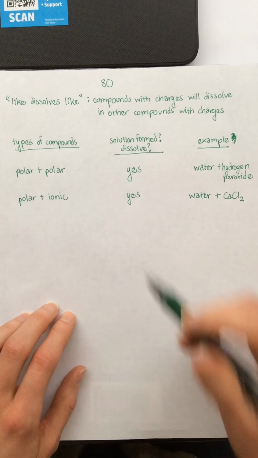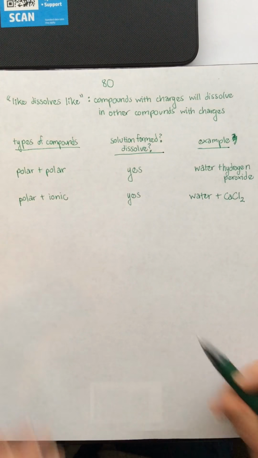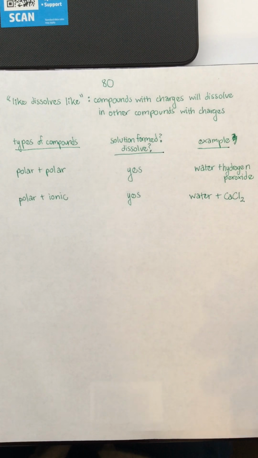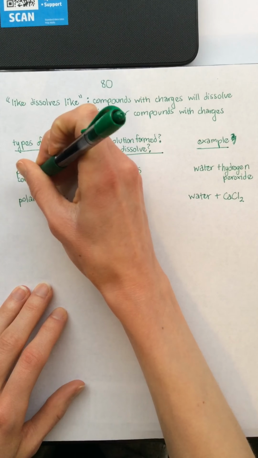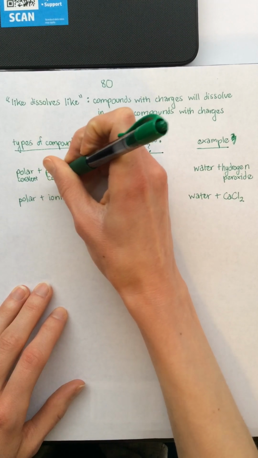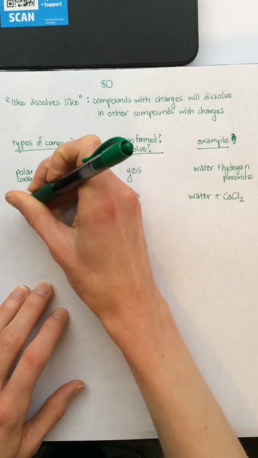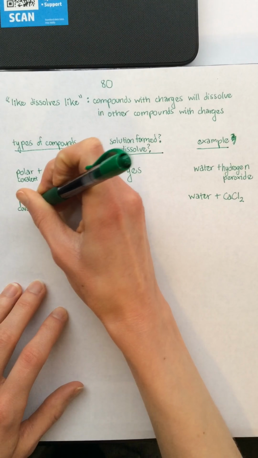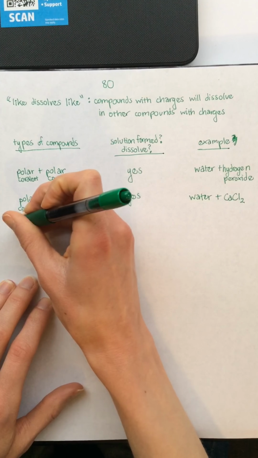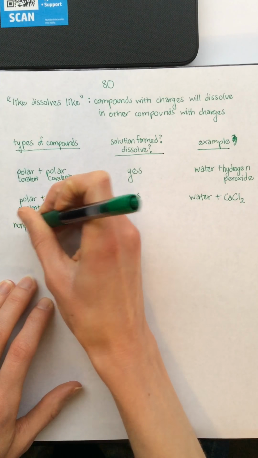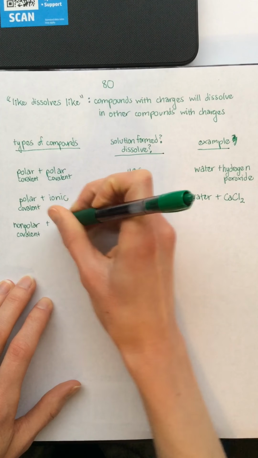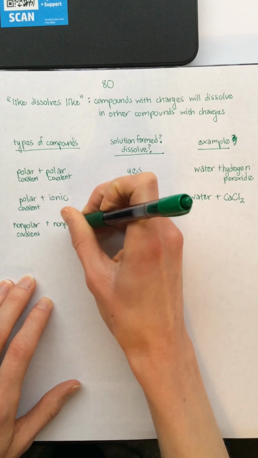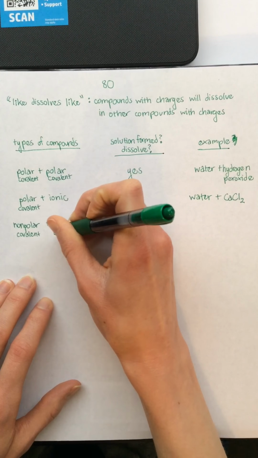Let's now talk about non-polar compounds. So there's actually two types of covalent compounds. We've got polar covalent, so actually under all these polar ones, we should probably write covalent. So we know that those are covalent. So let's say we have two non-polar compounds. So let's say we have non-polar covalent and non-polar covalent.